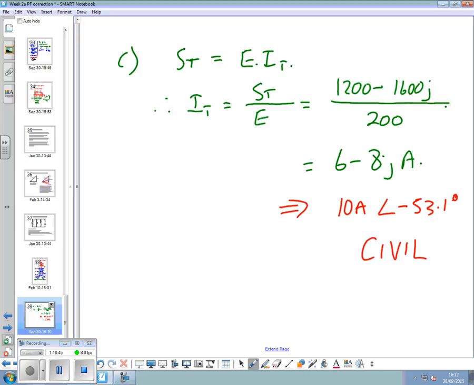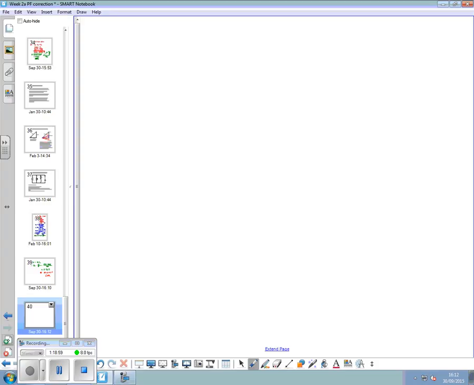So, thinking about this problem now of finding how much capacitance, as part D, we've got at the moment this situation, and that's 1600.